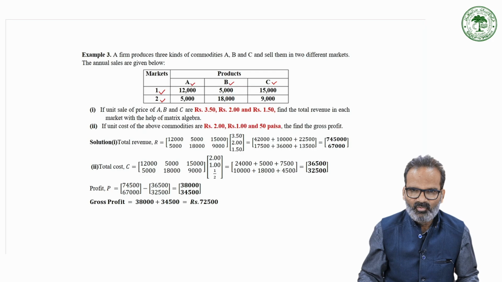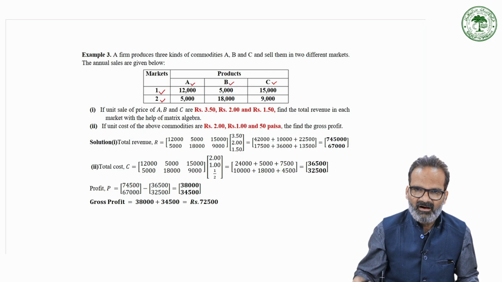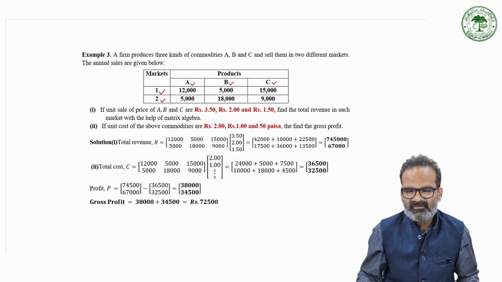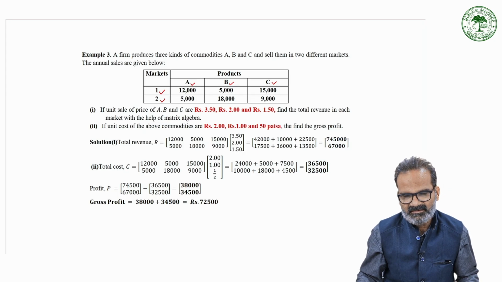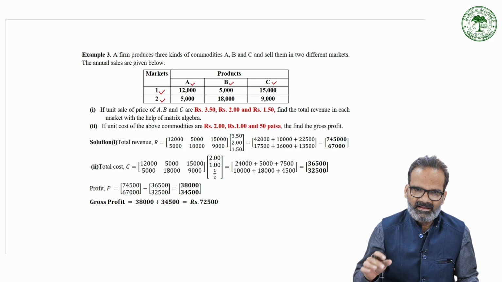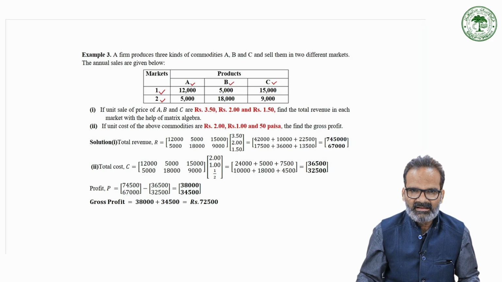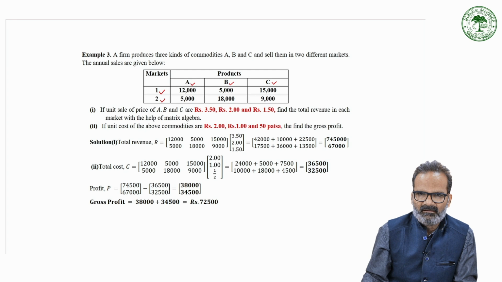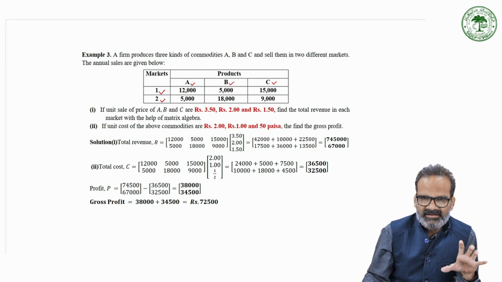The sale of commodity B in market 1 is 5,000, and the sale of commodity C in market 1 is 15,000, right. Likewise, the sale of commodity A in market 2 is 5,000 and sale of commodity B in market 2 is 18,000 and sale of commodity C in market 2 is 9,000. So this is all about the data which is given in the form of a table.